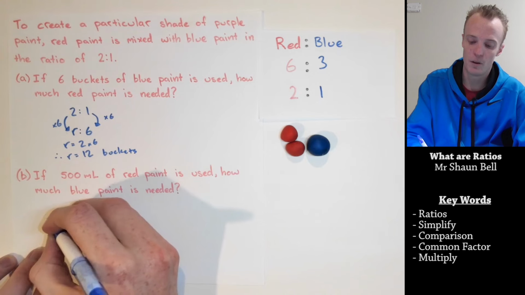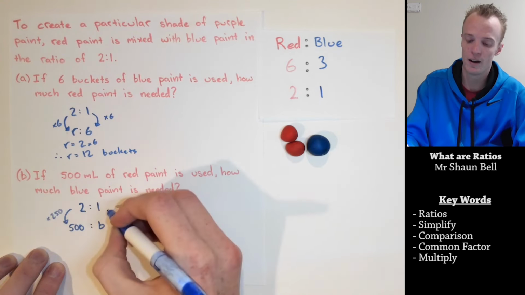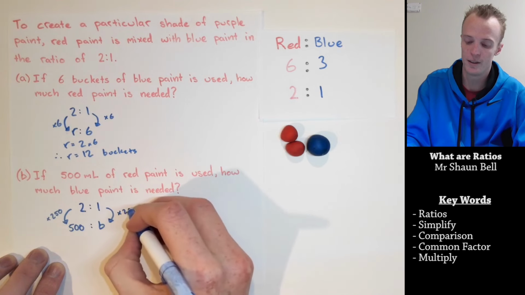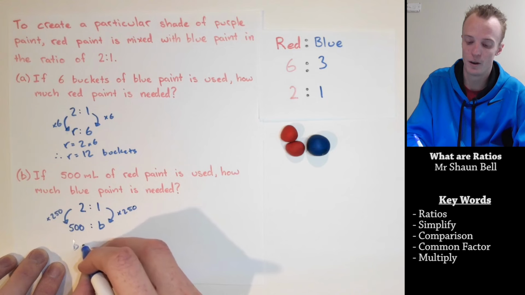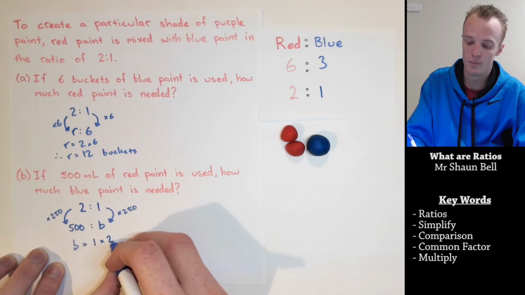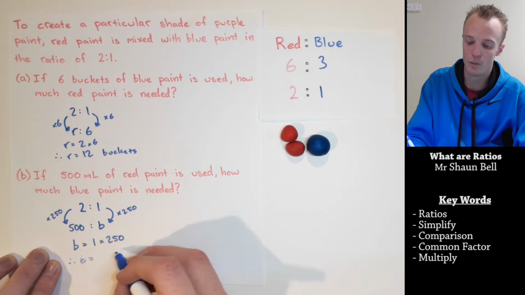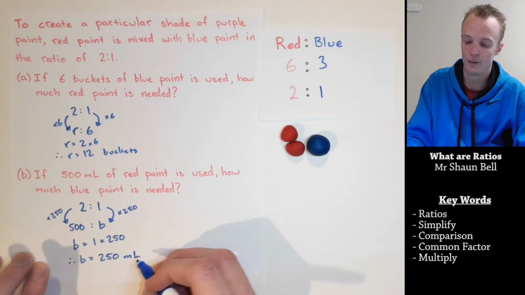In this case, I'm multiplying by 250. And what I do to this side, I must also do to the other side. So I've also got to multiply this side by 250. So the amount of blue paint that I'll need will equal 1, because that's my ratio, times 250. Therefore, the amount of blue paint I will need is 250 millilitres.